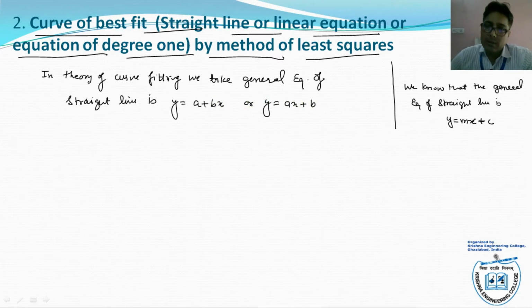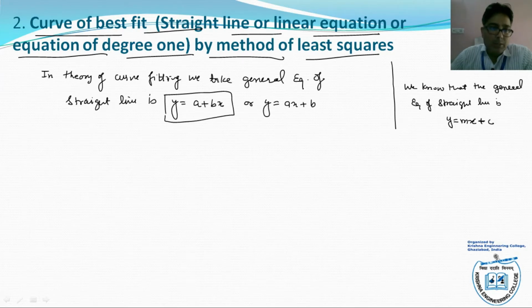This is the required form of the straight line. Clear? Now let us consider the first form y = a + bx. Here there are two unknowns, a and b. The problem is how to find the values of the unknowns a and b. Here we find the values of a and b with the help of the method of least square. Clear?